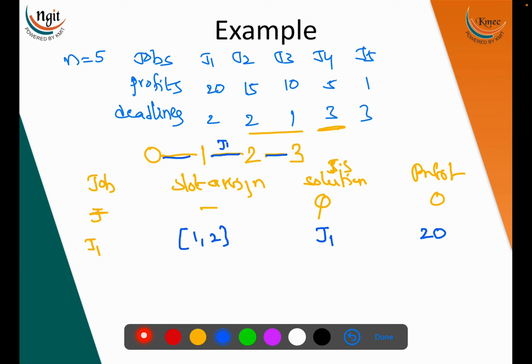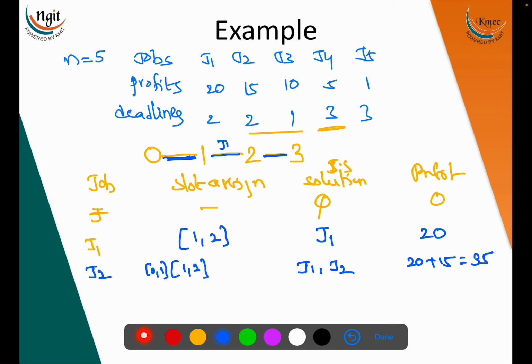Now this slot is empty; I can use it for other jobs, that is J2. Already 1 comma 2 is taken, so before that, the empty slot 0 comma 1 is used. So I am taking 0 comma 1 and 1 comma 2. Now the job sequence is J1 comma J2. The profit is 20 plus 15, which is 35. After J2, I still have one more slot.